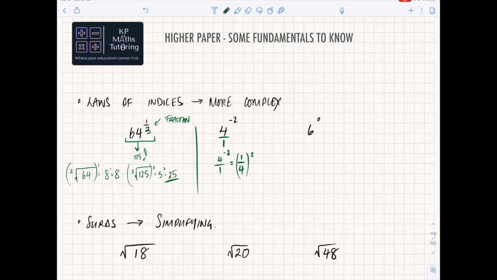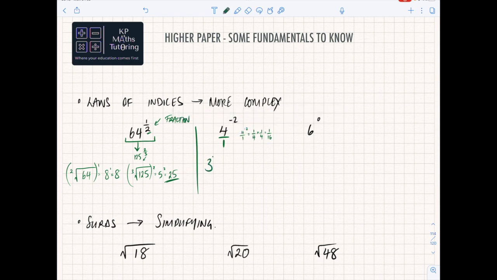By flipping it upside down, it gets rid of that negative part. You don't have to write it in brackets, you could write it like that. But remember, 1 over 4 squared is the same as 1 over 4 times 1 over 4, which is 1 over 16.